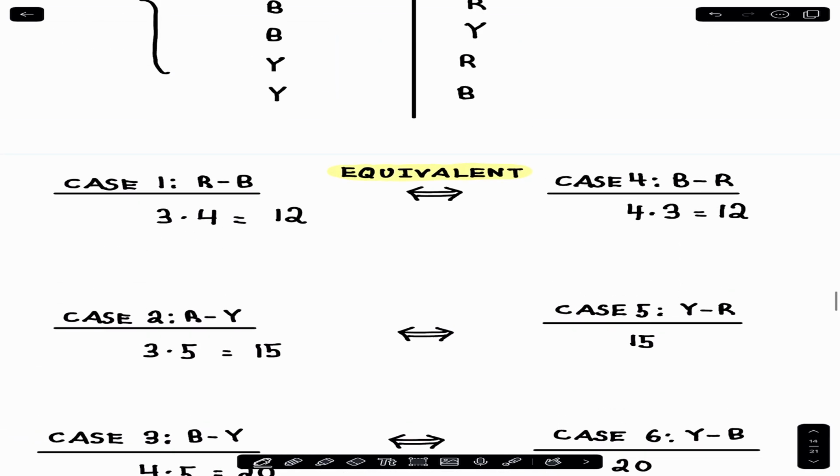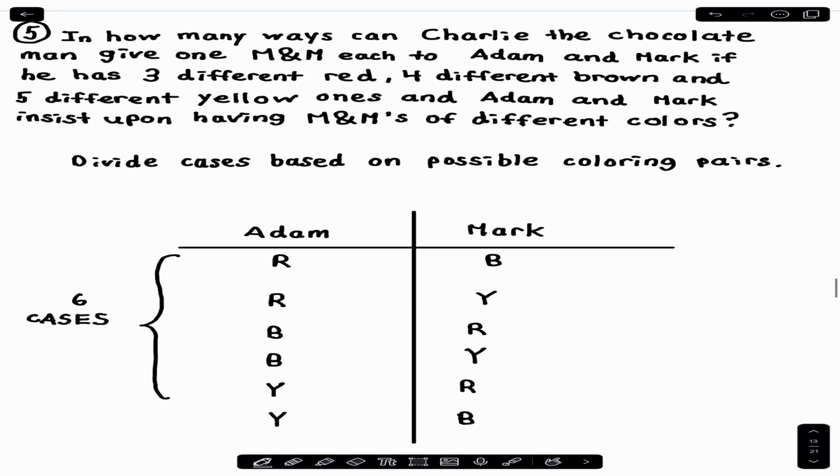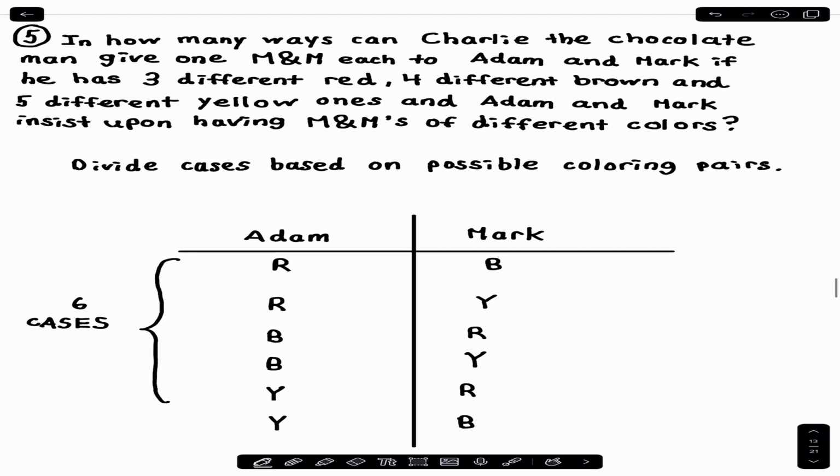So in the end, to answer our question, how many ways can Charlie give out the M&Ms?